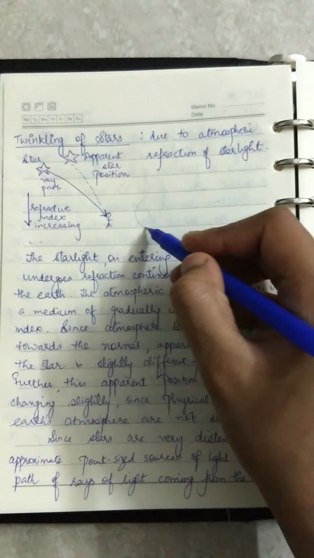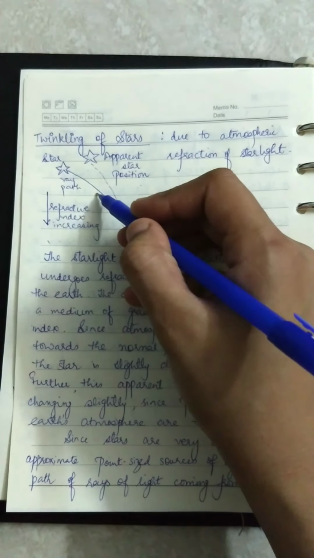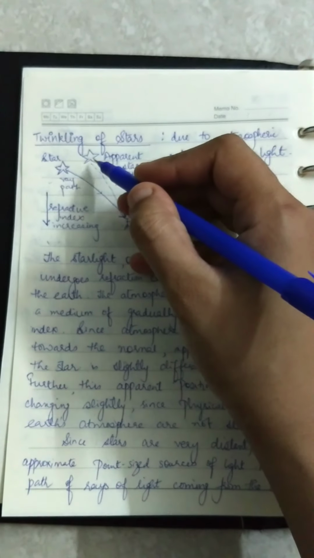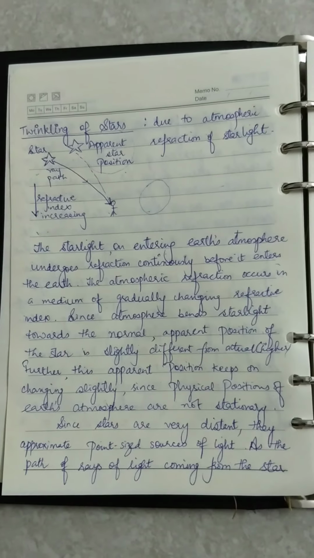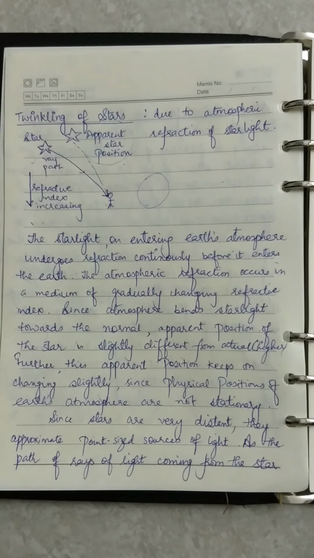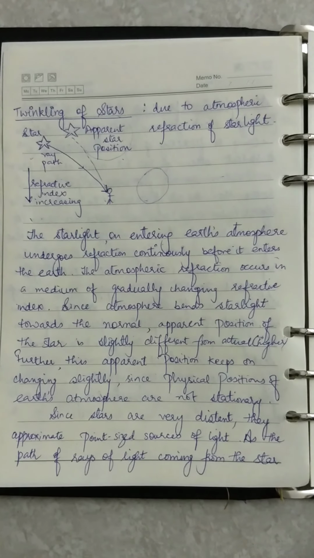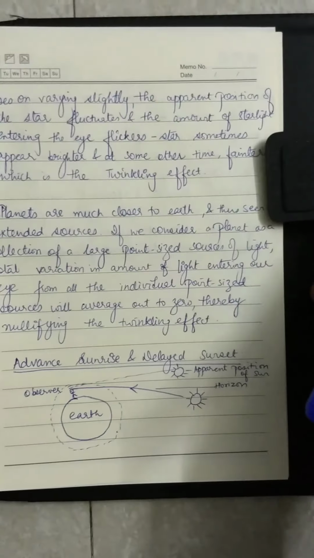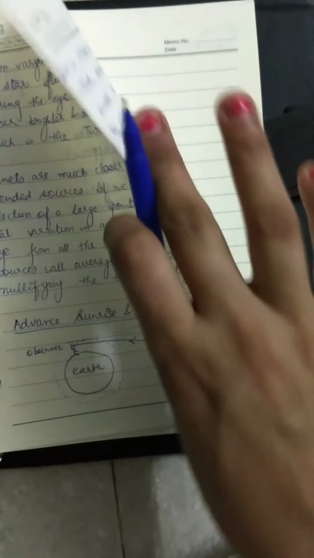See, Earth is continuously revolving around the sun. So, if the starlight path is coming, it will be moving like this. So, the apparent star position is not fixed. It keeps on changing. Since stars are very distant, they are approximate point-sized sources of light. As the path of rays of light coming from the star goes on varying slightly, the apparent position fluctuates and flickers.